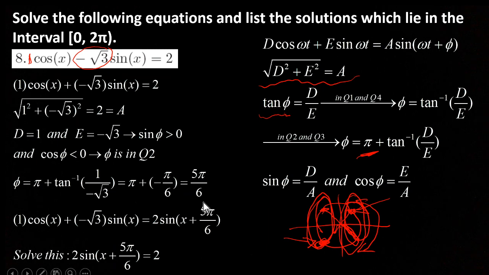So this thing so far is just 2 sine. So all we need is that x is going to be x plus some phi.